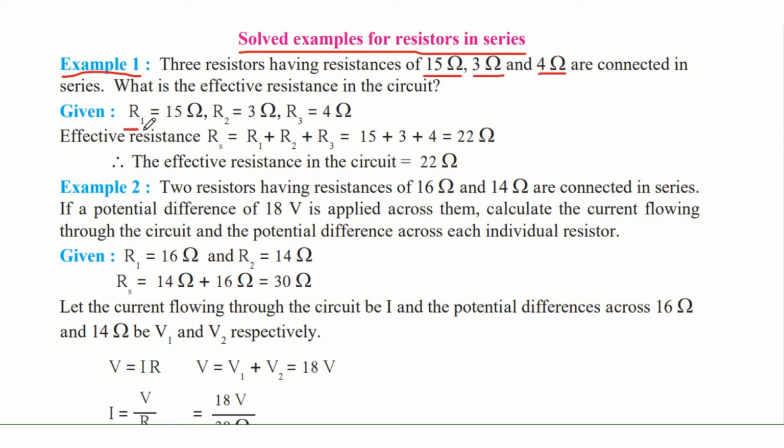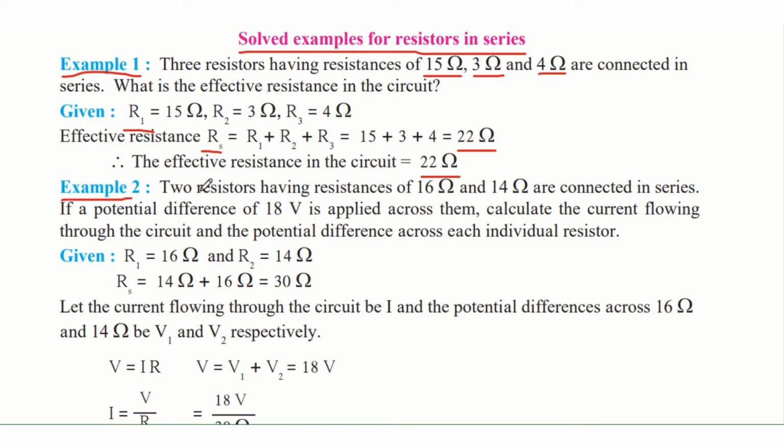So R1 we have given is 15 ohm, R2 is 3 ohm and R3 is 4 ohm. So the effective resistance Rs would be R1 plus R2 plus R3, which is equal to 15 plus 3 plus 4, which is 22 ohm. So the effective resistance in the circuit is 22 ohm.